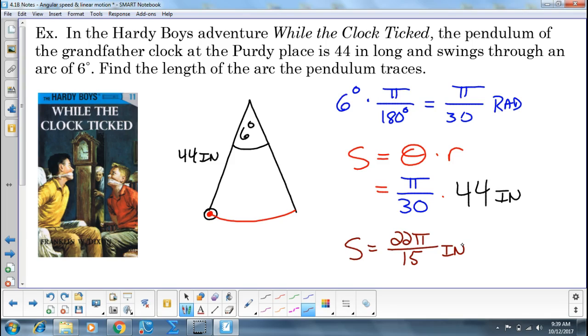Okay. Or approximately, somebody help me out that's got a calculator, 4 point something, right? 4.608. Okay. Questions on that one?